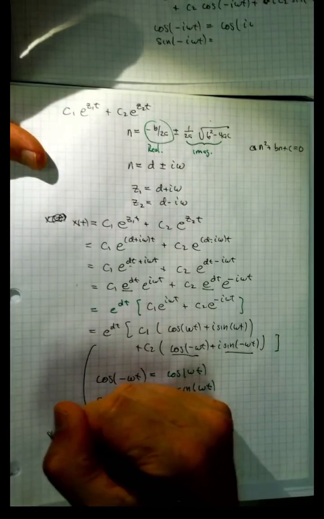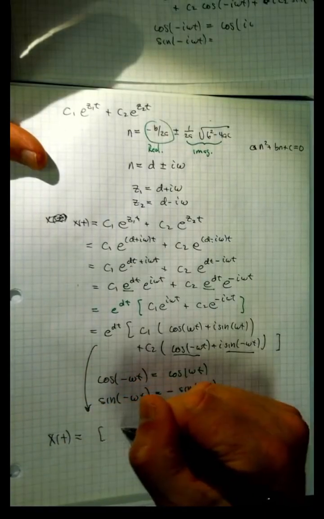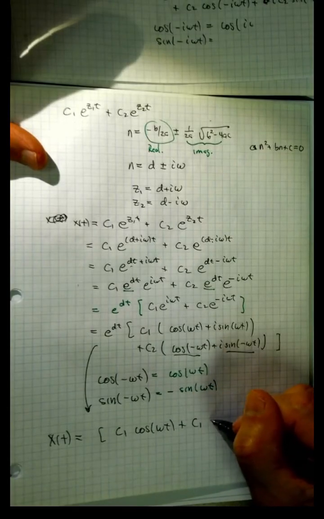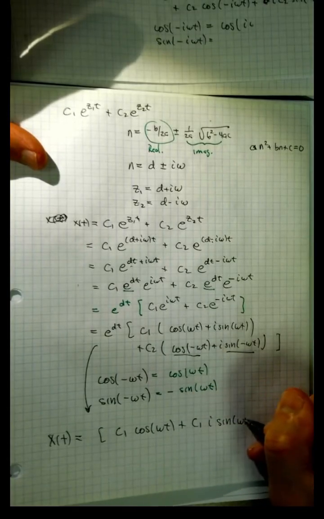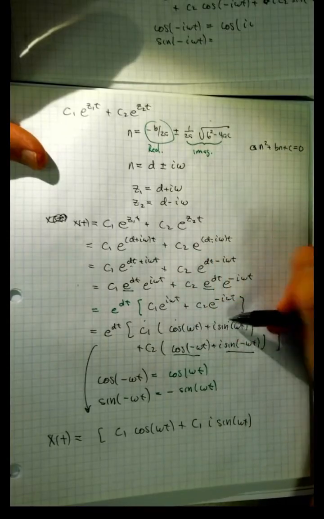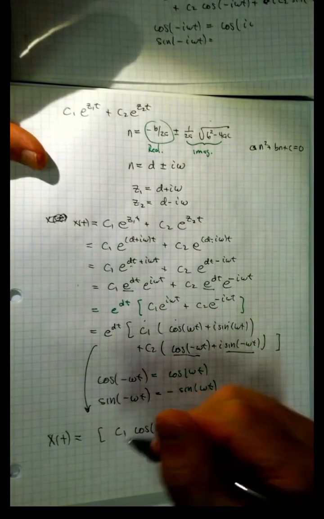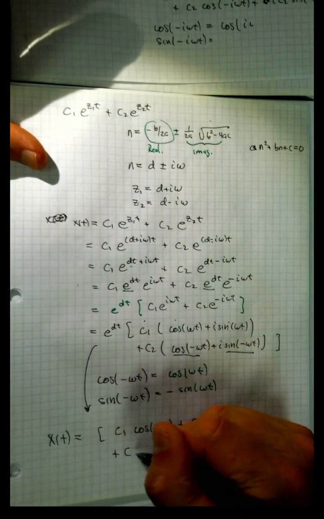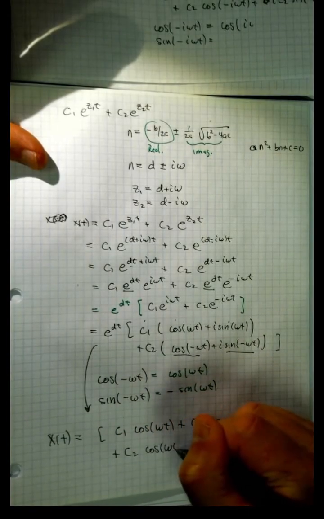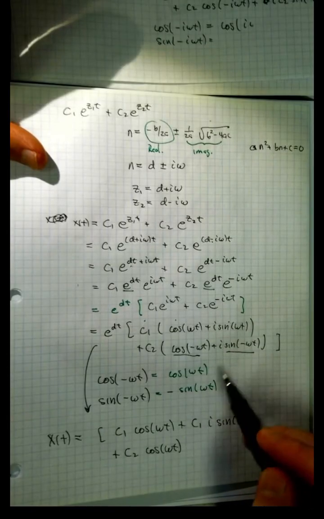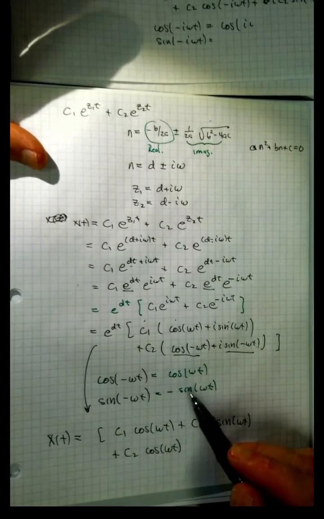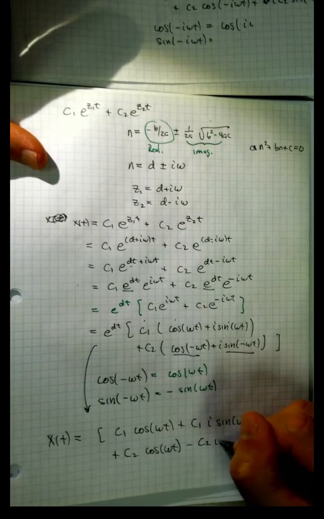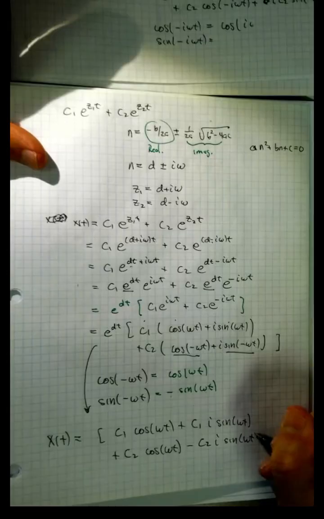So now my solution I can write as c1 cosine of omega t plus c1 i sine of omega t. So I just multiplied the c1 through there. Here, cosine of minus omega t is just cosine of omega t, so that becomes c2 cosine of omega t. Sine of minus omega t is minus that. So when I multiply that c2, I get minus c2 i sine of omega t.